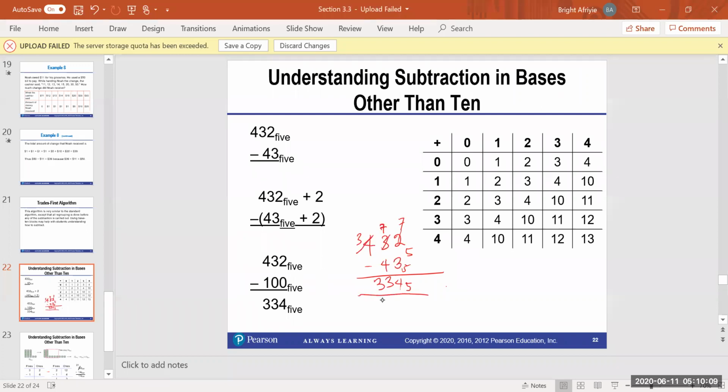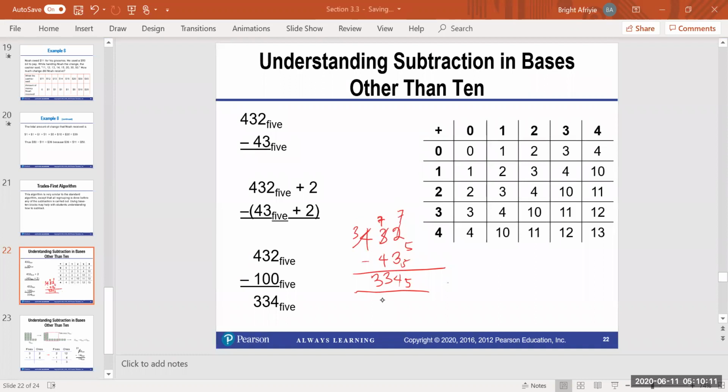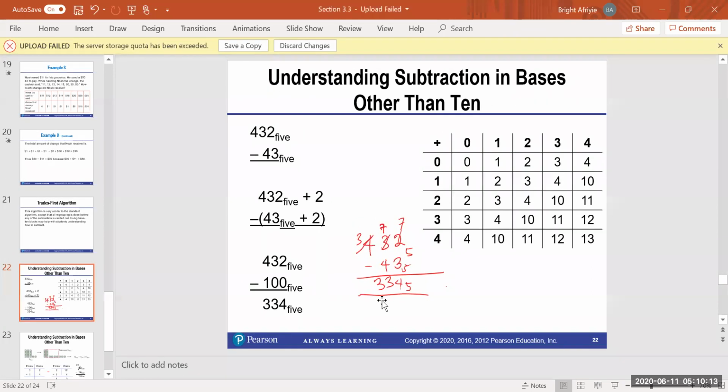So our result is 334 base 5. And that's how you subtract. Any number you borrow is the value of the base. So if it was base 2 and you borrowed 1, it will be counted as 2. If it was base 8 and you borrowed 1, it will be counted as 8. Okay, nice.